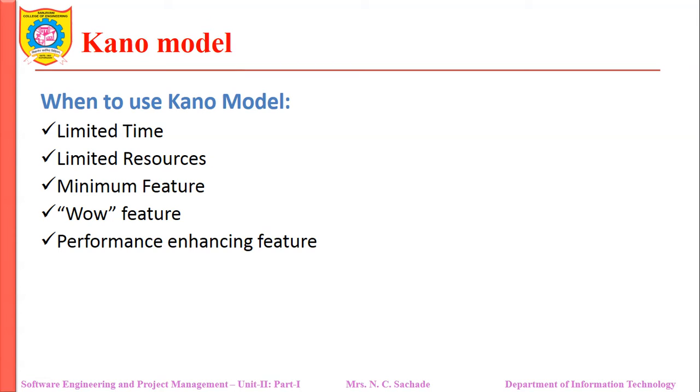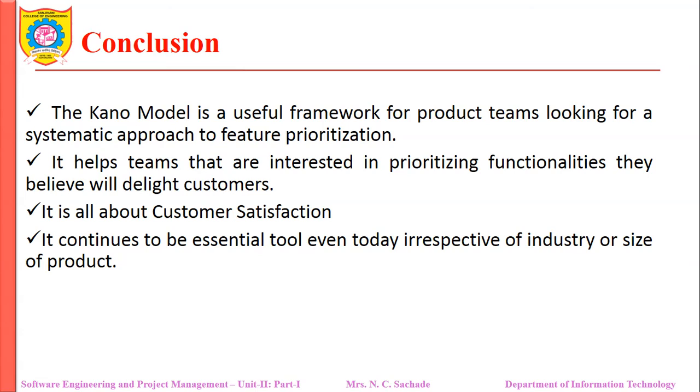So, whenever we have hundreds of requirements together and we have limited time and resources to start up, at that moment we should use the Kano model. It helps in minimizing the features, it helps to add wow features, and it helps to add the performance enhancing features in the requirement building.